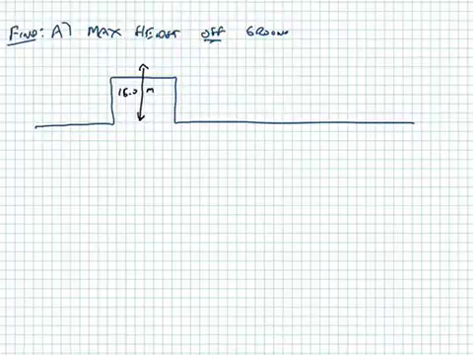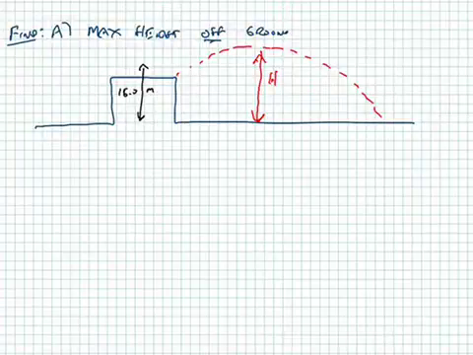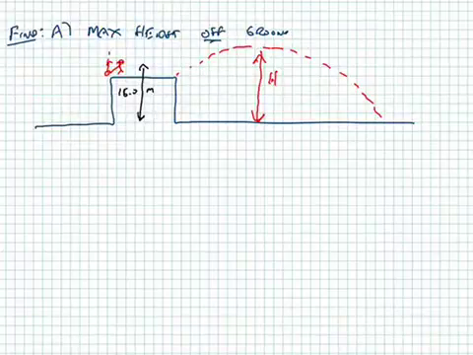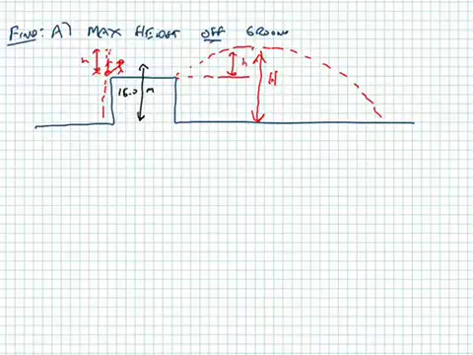I want to figure out what this capital H is, the maximum height off the ground. If I model the y direction as a person throwing a ball up at the same initial speed, and then it comes back down, then this little piece to the top is little h.